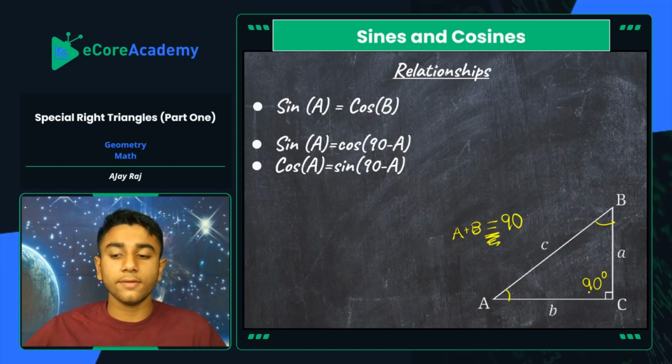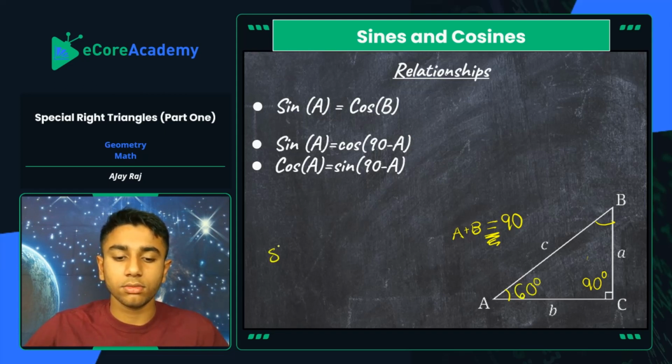Because of the fact that you have 90 degrees as your automatic 90-degree angle, and all angles on the interior of a triangle, any type of triangle, have to add up to 180 degrees. So that means A plus B must be equivalent to 90. So if you think about it, if you're given, in terms of A, say, for example, 60 degrees in this case, and you calculate the sine of 60, okay?